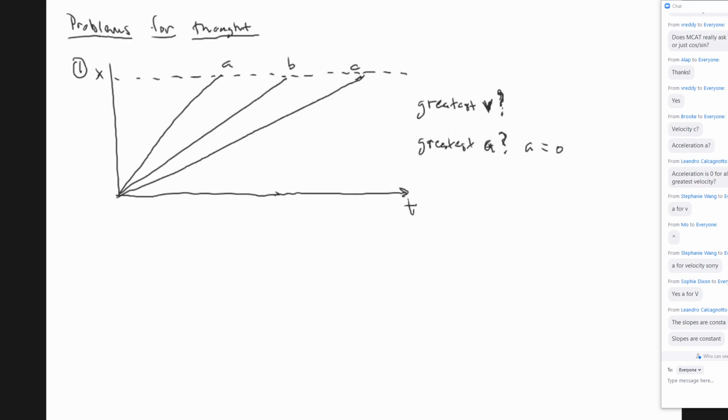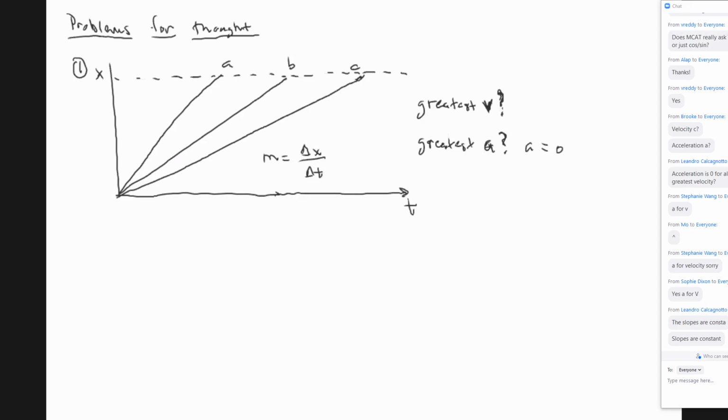Okay, so what about velocity? Which is the greatest velocity? I said A because it looked like the slope was the largest, like rise over run. Yeah, because what is the slope? The slope is giving you what? The change in displacement over the change in time, right?